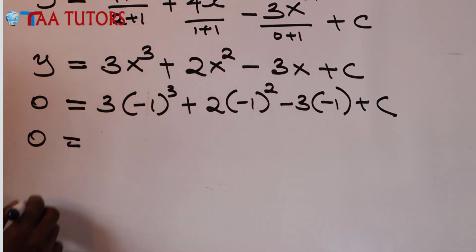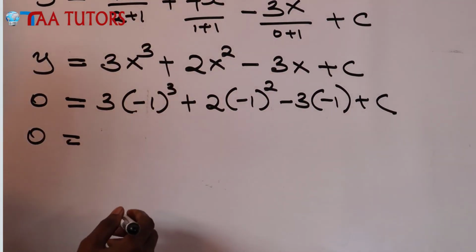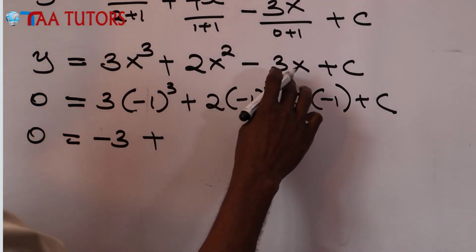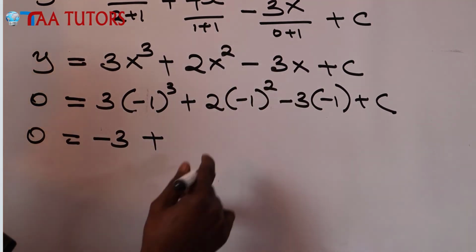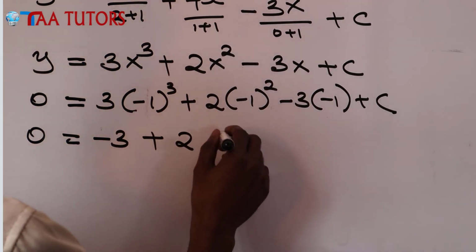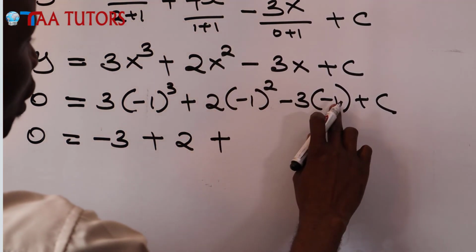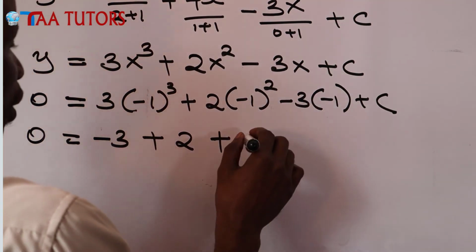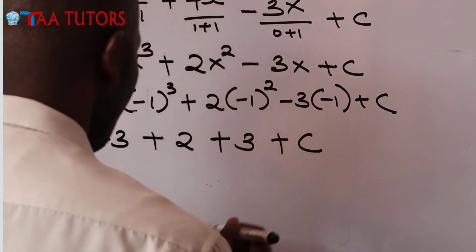So 0 equals negative 1 cubed is negative 1 times 3 is negative 3 plus negative 1 squared is 1 times 2 is 2 plus negative 3 times negative 1. Positive times negative is positive, that is 3, then plus c.